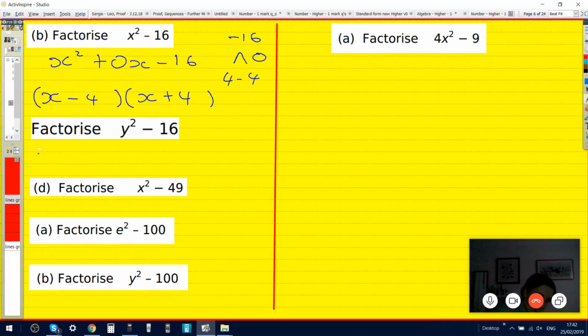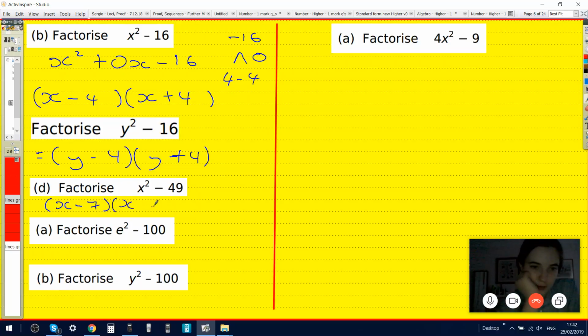So what will be the next one? y minus 4, y plus 4. Next one? x minus 7, x plus 7. Go on. e minus 10, e plus 10.